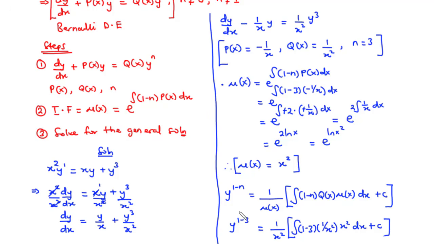So let's quickly rewrite this on the next page. So that's where we have y to the power 1 minus 3 equals 1 over x squared, all times the integral of 1 minus n, where n is 3, so 1 minus 3, times q of x, which is 1 over x squared, times mu of x, which is x squared, all dx plus c.